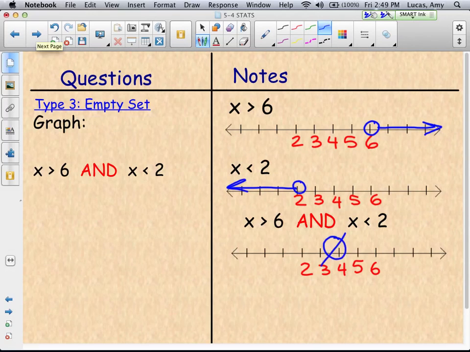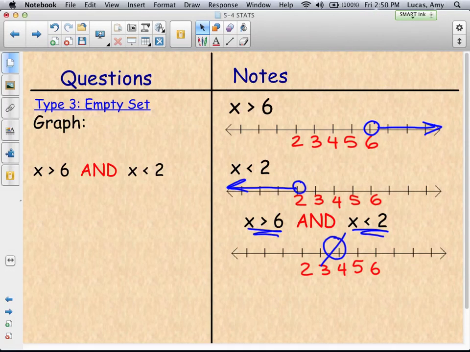There aren't any numbers in existence that are both greater than 6 and less than 2 at the same time. That's impossible. If you pick a number greater than 6, 7, 8, 9, 10, and so on, none of those numbers are less than 2. So this one is an empty set.